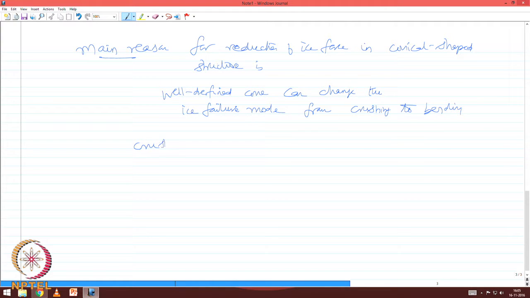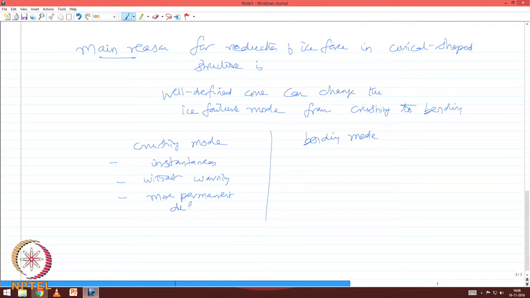Now, comparing the crushing mode of failure with that of bending mode, crushing is more or less instantaneous and occurs without warning. This causes more permanent deformation, whereas bending mode refers to one of the elastic modes of failure, at least initially until the plastic hinge is formed.